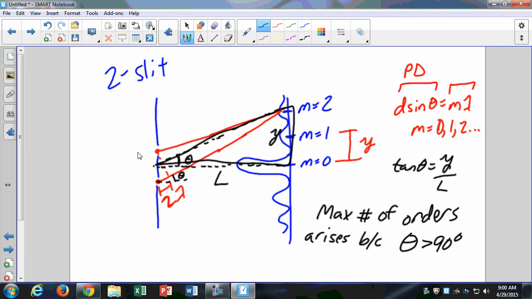Once this angle theta gets bigger than 90 degrees, that light is no longer going to show on the screen anymore. So if light goes in this direction, theoretically it'll go onto the screen, but if it goes past 90 degrees, you're never going to see any orders. In practice, you don't see that many orders, but theoretically, that's how we find the max number of orders.